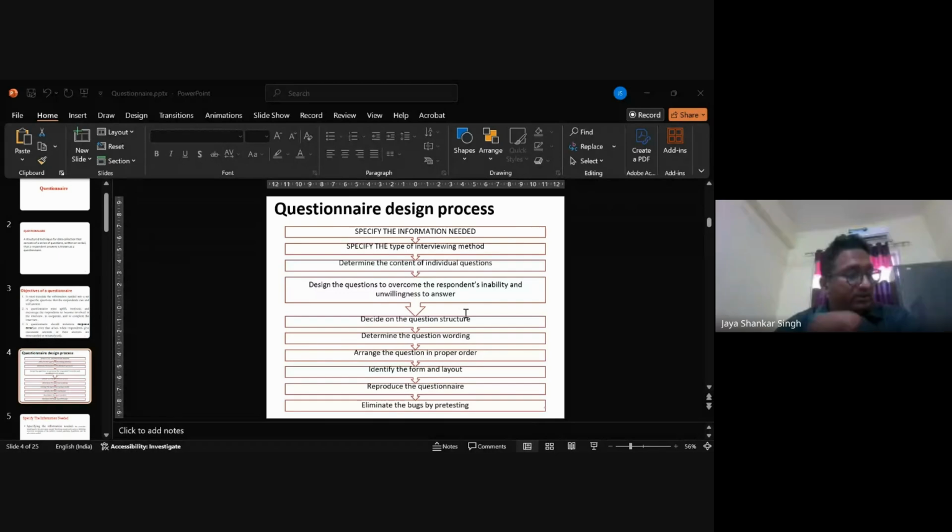Okay. The next one is decide on the question structure. Again, open-ended, close-ended. Choose what type of question you are going to ask, depending on what information you are trying to capture. Close-ended, on a scale of 1 to 5: suppose I am asking how motivated you are to attend the workshop. Open-ended: what factors motivated you to participate in this workshop?